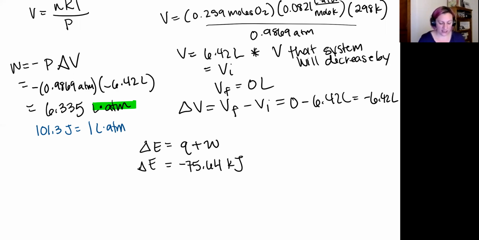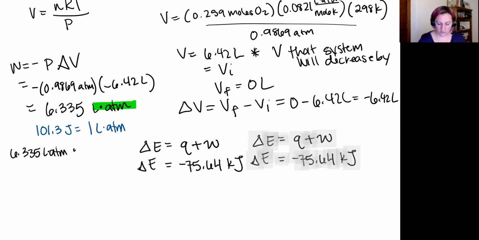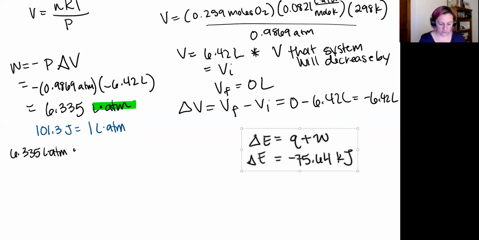So we're going to see our 6.335 liters times atmospheres multiplied by 101.3 joules divided by that 1 liter atmosphere.